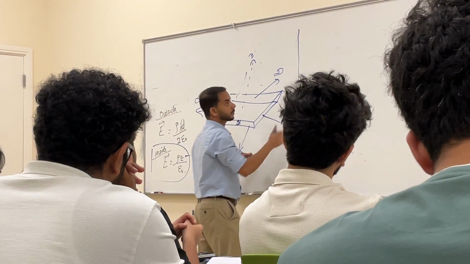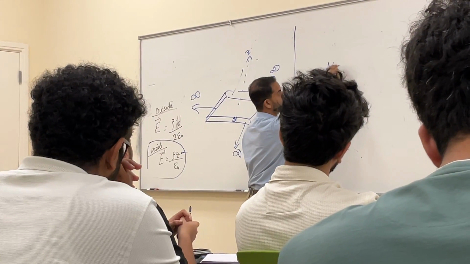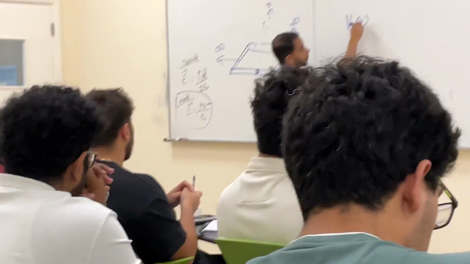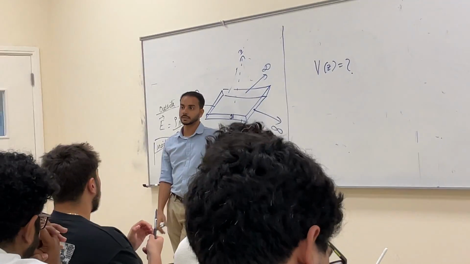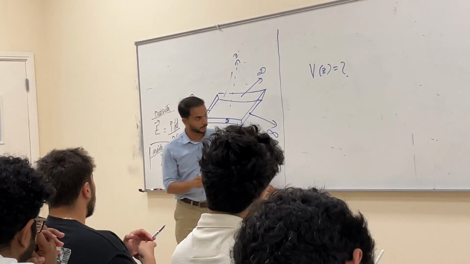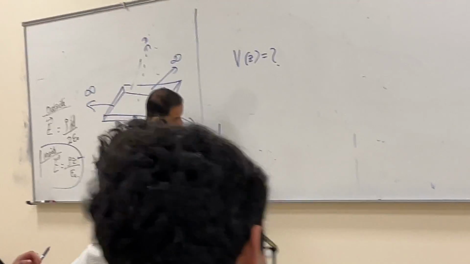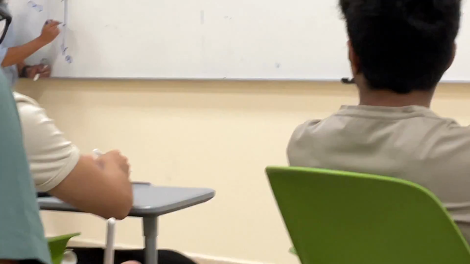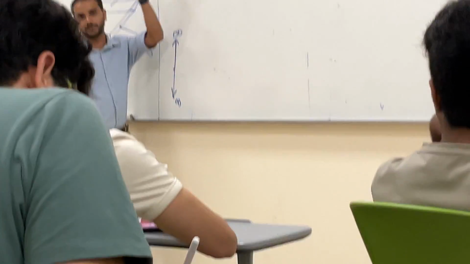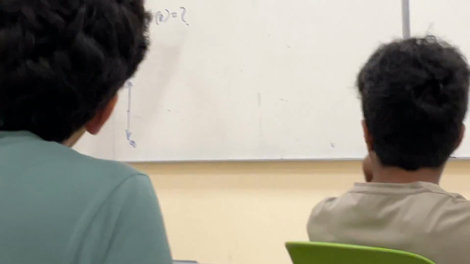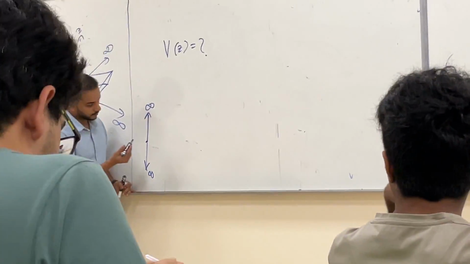And now let's see how the potential can be calculated. So what is potential as a function of this? As I said in the last class, for a line of charges from minus infinity to infinity, if you are taking a reference 0, typically we say this is minus infinity. Otherwise, if we don't have a reference, we just say infinite.